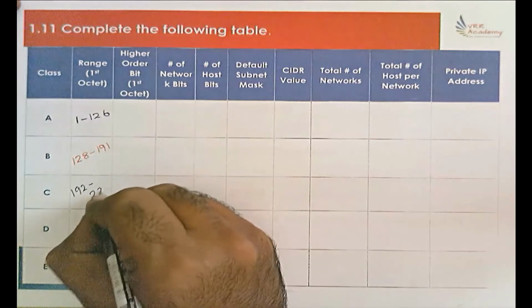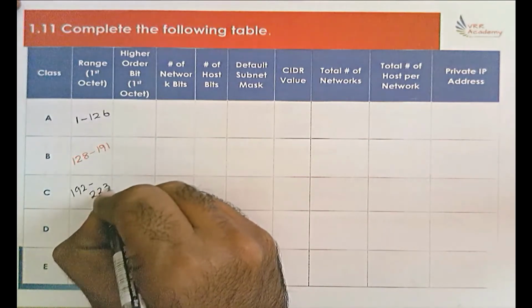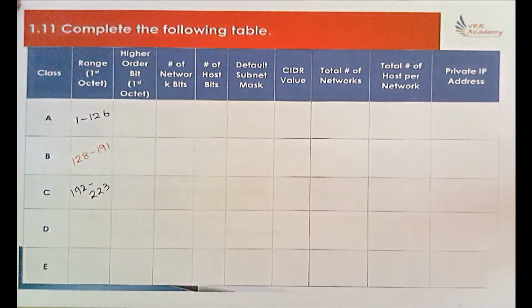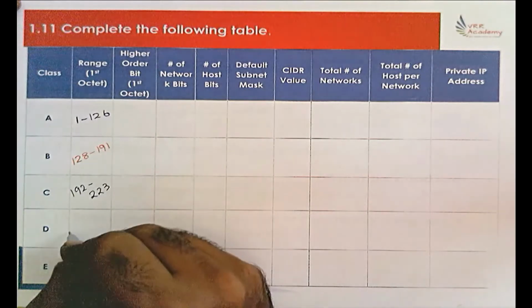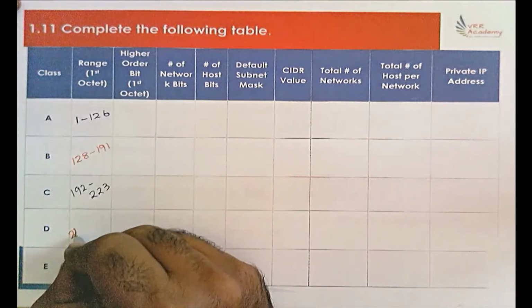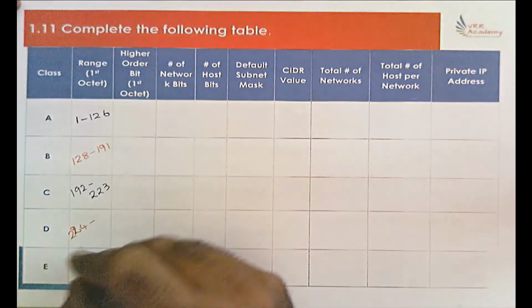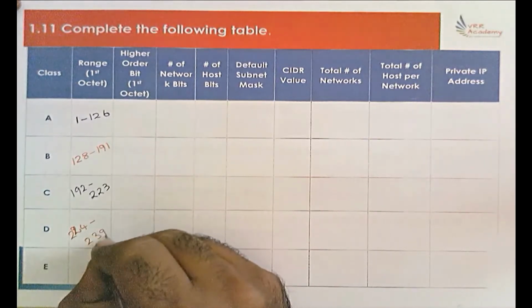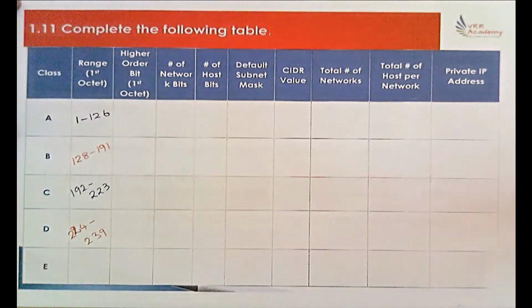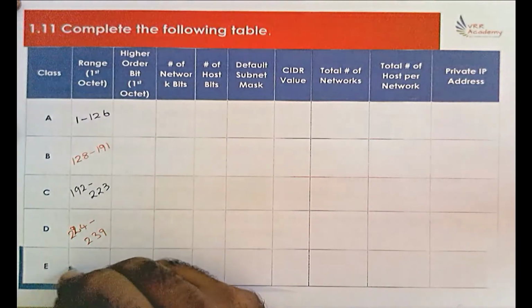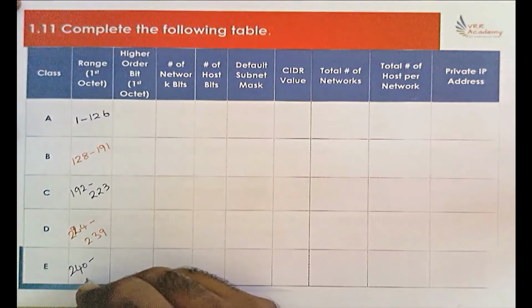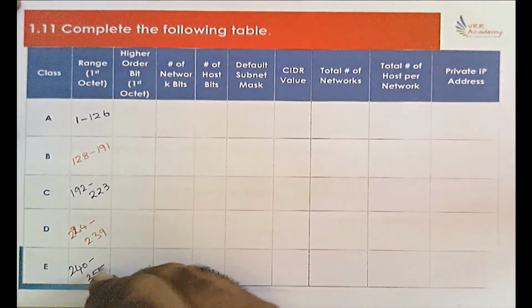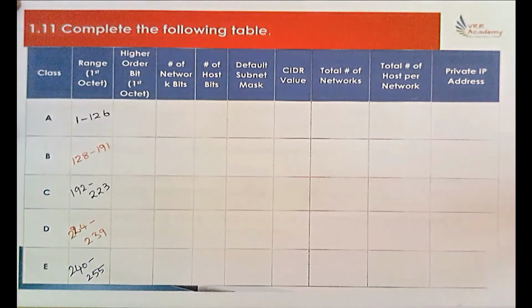So this is the range of class C. For class D IP address, it is from 224 to 239. For class E, it is 240 to 255. So this is the range of each class.